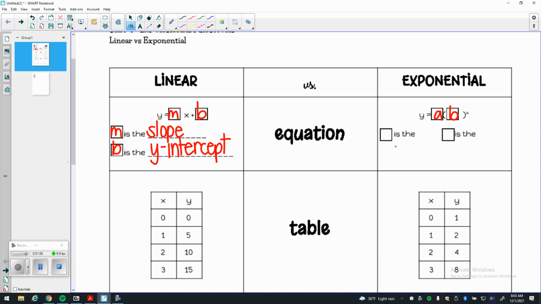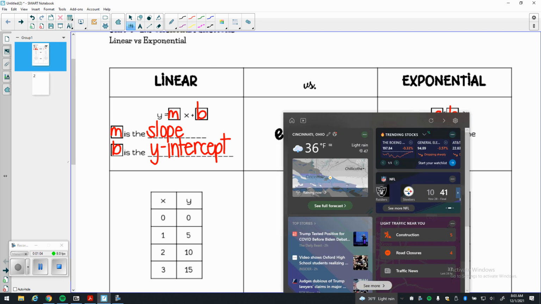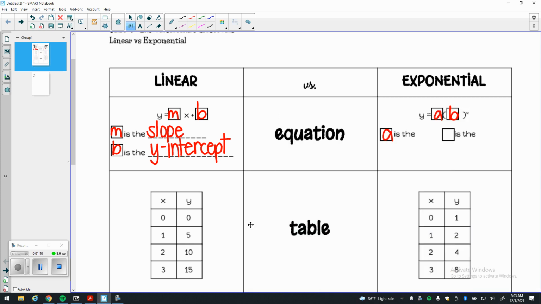Where A, what's A represent? Not yet. That's me. A is my y-intercept, or starting value. B is my growth, or decay factor.